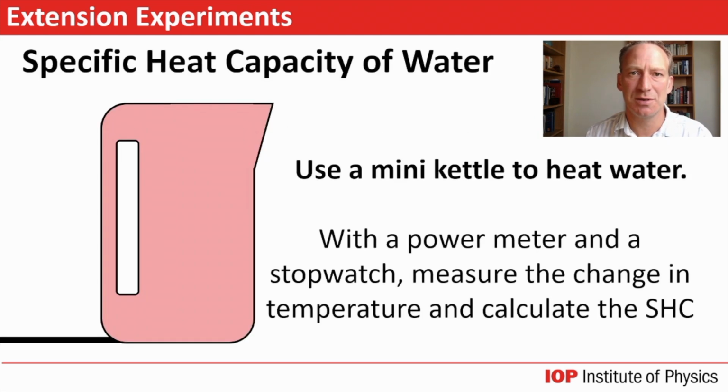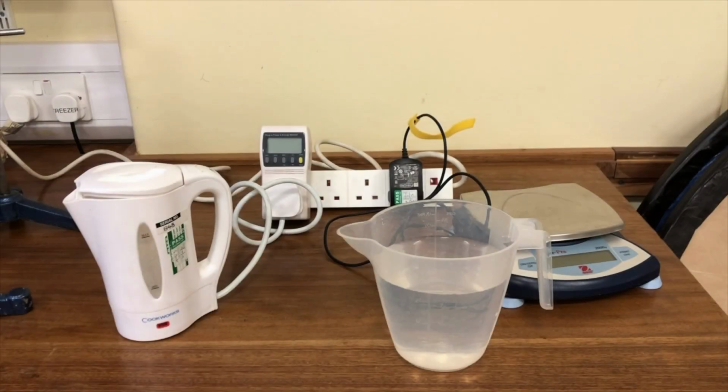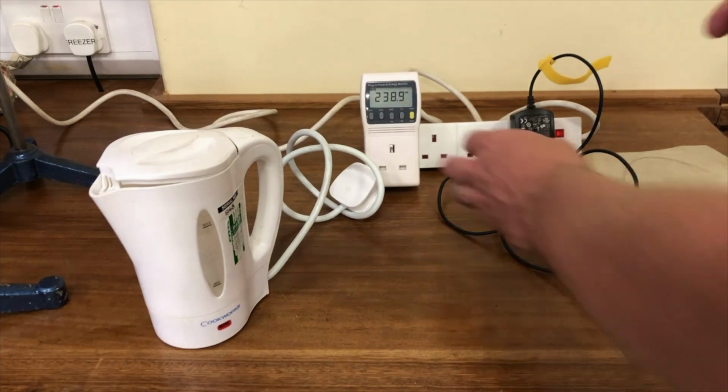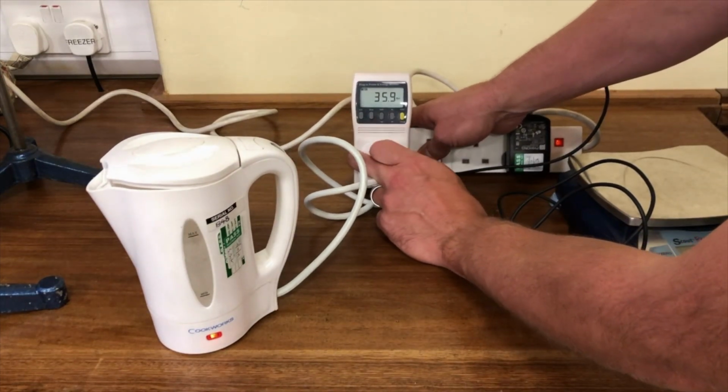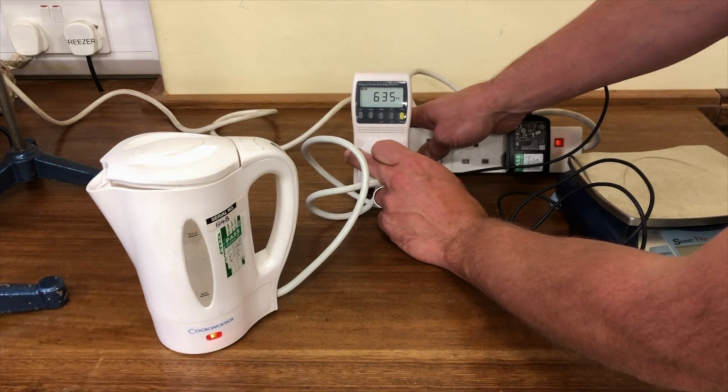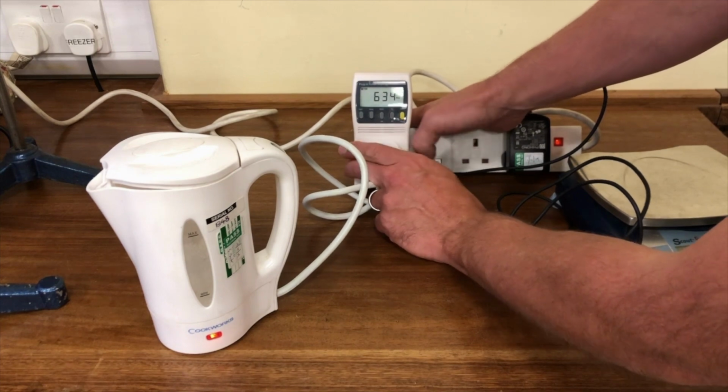If you want to use a mini kettle to measure the specific heat capacity of water, you can do that in the following experiment. This is a way of measuring the specific heat capacity of water using a mini kettle. A power meter will allow you to measure the power being transferred to the kettle. Here it's 635 watts.